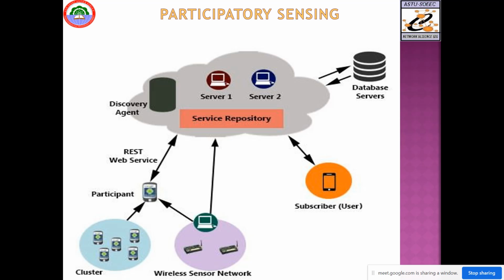The basic idea is just to collect the data, but this collected data will be available to all common people to access as well as to share the corresponding knowledge.